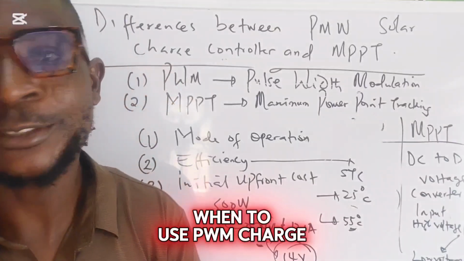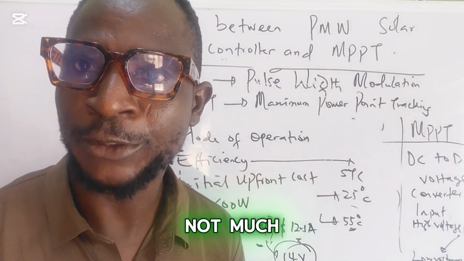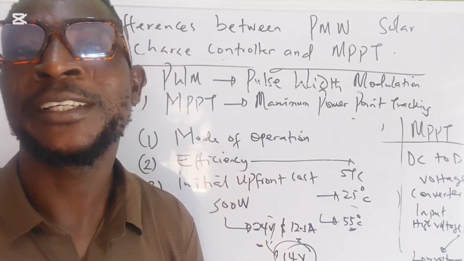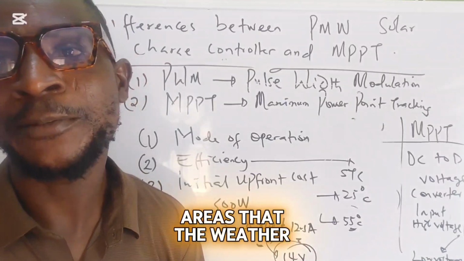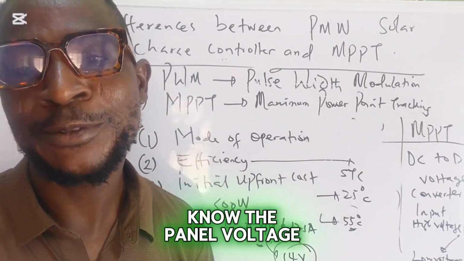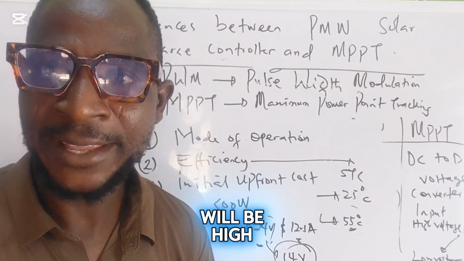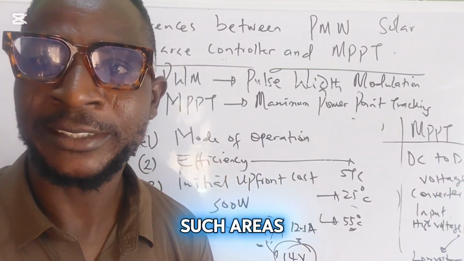When to use a PWM charge controller? Maybe if what you have on you is not much, you can decide to use PWM. You can use it in areas where the weather is very hot. If the weather is very cold, the panel voltage will be high, so it's not advisable to use PWM in such an area.